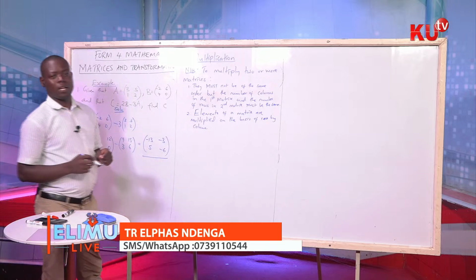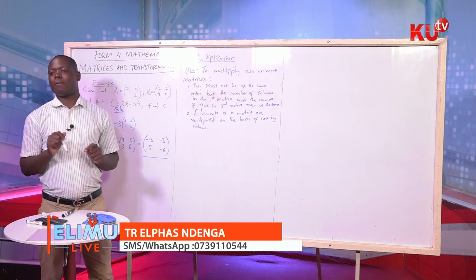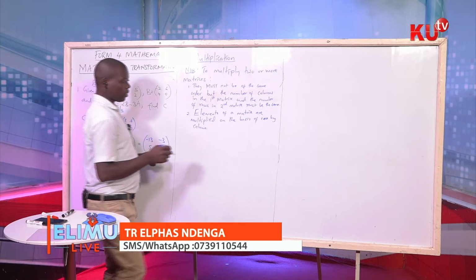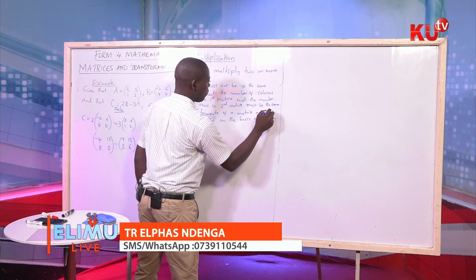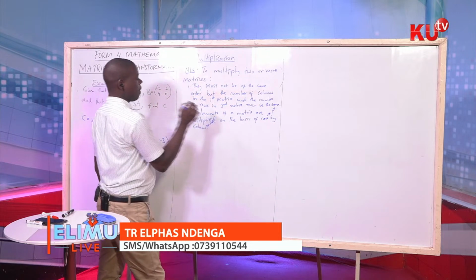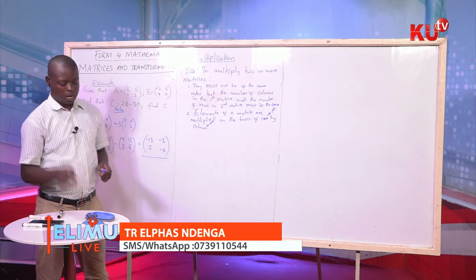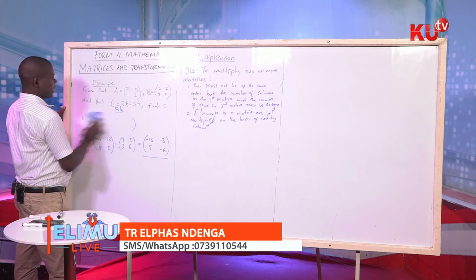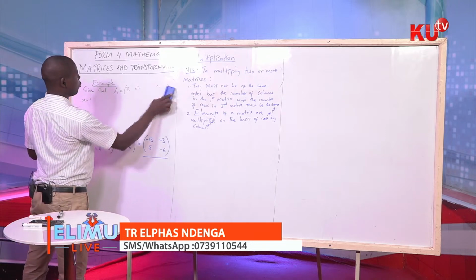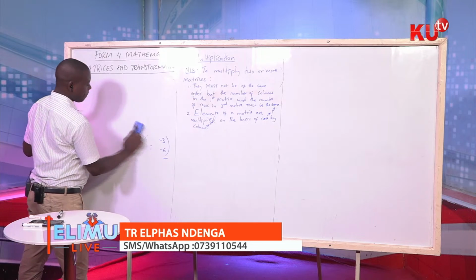Row by column. Row for the first matrix and column for the second matrix. It's important to remember that the row will be from the first matrix and the column will be from the second matrix. That is how we will work out multiplication of matrices in our lesson today under operation on matrices.